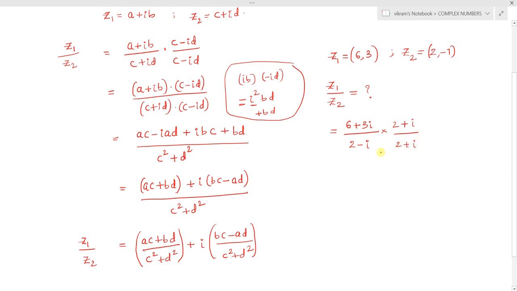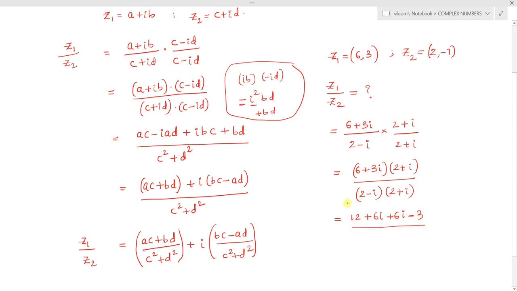So this equals 6 plus 3i into 2 plus i, by 2 minus i into 2 plus i. Now 6 into 2 is 12, 6 into i is 6i, plus 3i into 2 is 6i, and 3i into i is 3i square, and i square is minus 1, so that is minus 3.